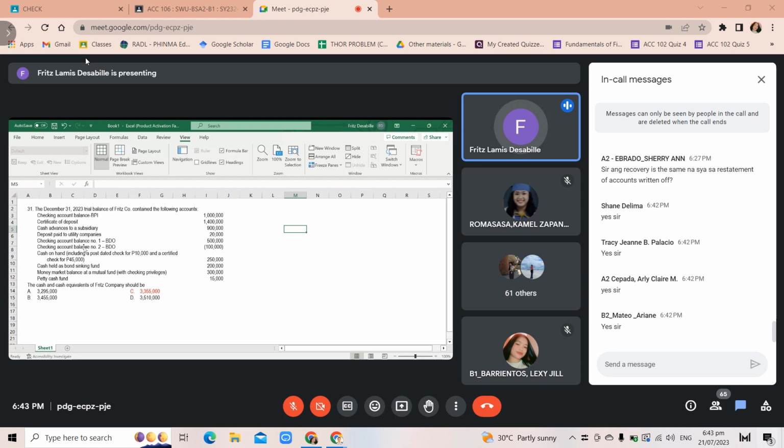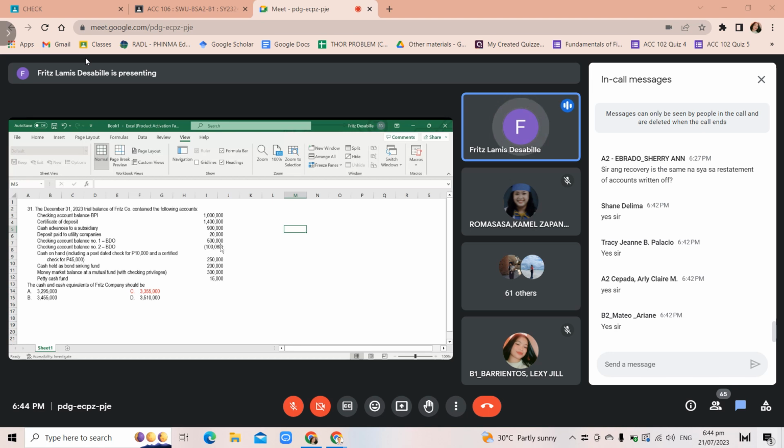Deposits paid to utility company. The deposit, this is still a non-trade receivable. So not cash. Checking account, BDO, cash. Checking account which has a credit balance, 100,000. Since both accounts are from BDO, we may offset it. So therefore, 400,000 na lang. So asa na ta? 1 million, the 1.4 million, the 400,000.